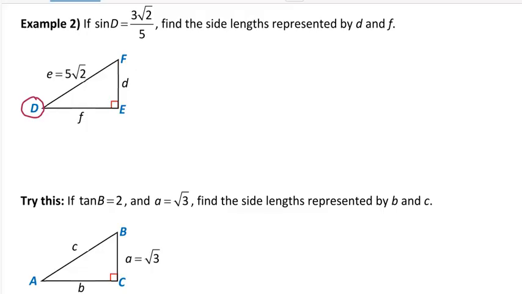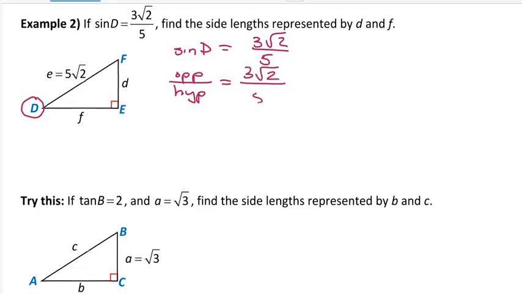Well, sine of angle D is equal to the ratio of the opposite to angle D over the hypotenuse. So opposite over hypotenuse is 3√2/5. Notice that does not mean that the opposite side is 3√2, nor is the hypotenuse necessarily 5.